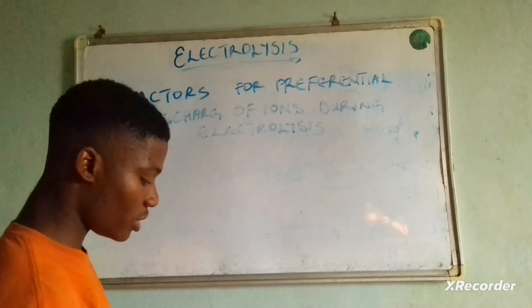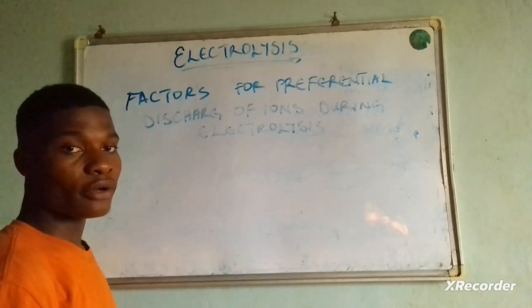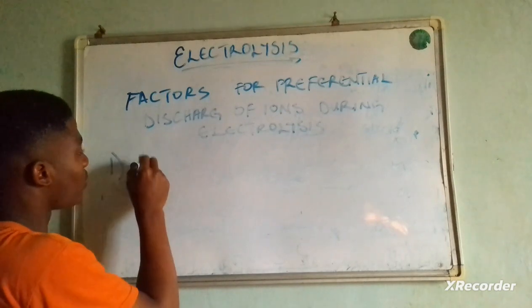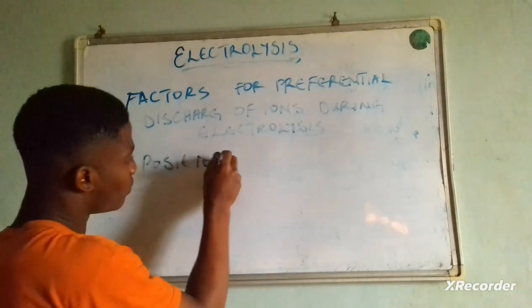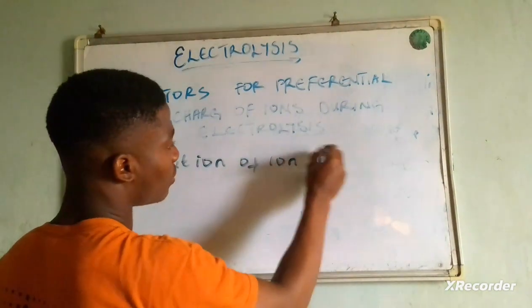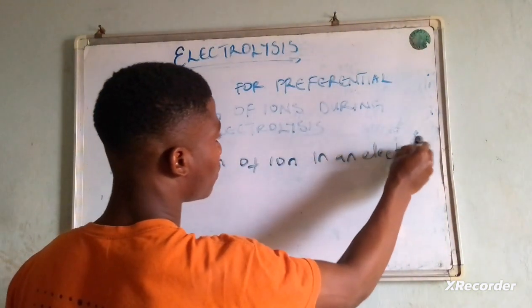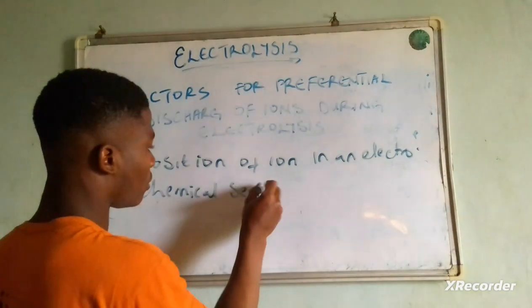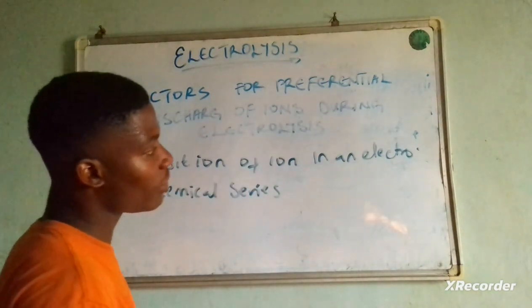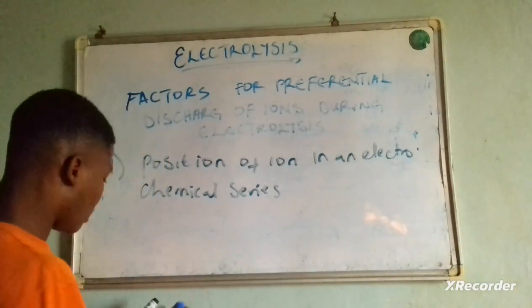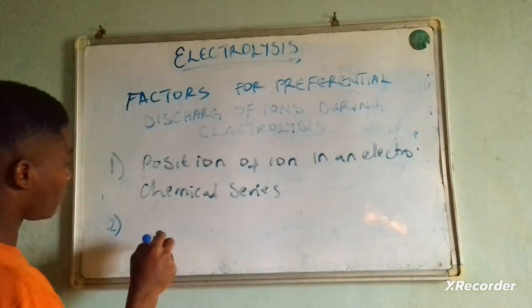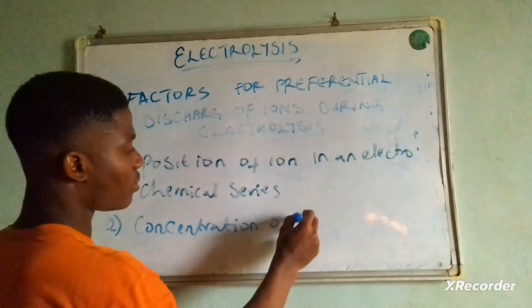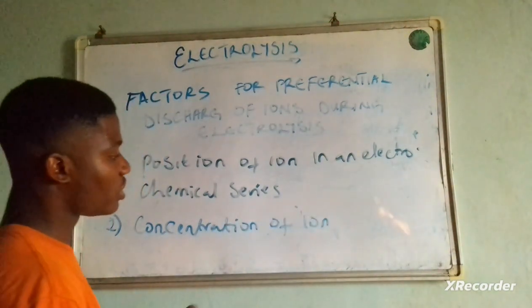The first factor is the position of the ion in the electrochemical series, and the second one is concentration of ion.